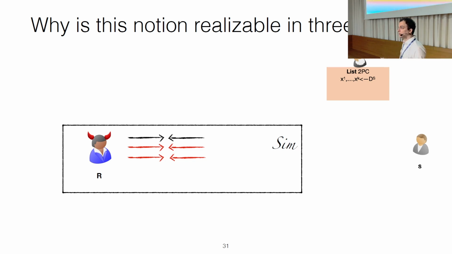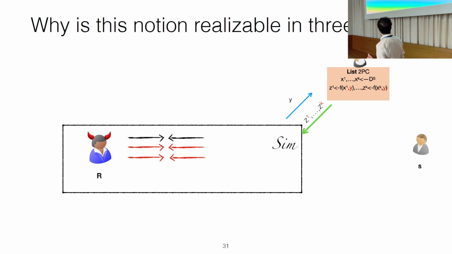Okay, so once the input of the corrupted party is extracted, you query the ideal functionality. Now, again, the job of the simulator is to force this output to the adversary. And now you may think that the simulator can just take the first output, Z1, and that's it, the simulator is over.